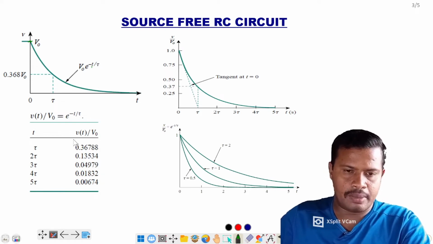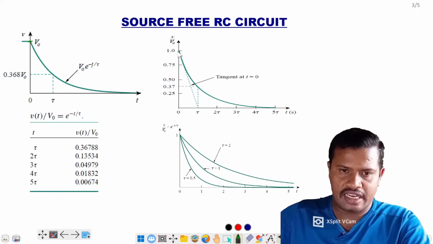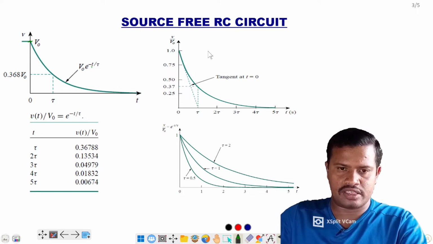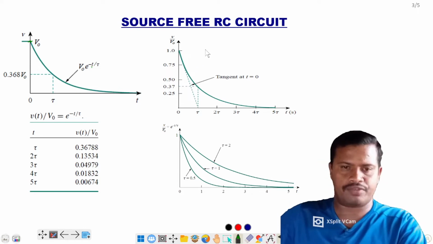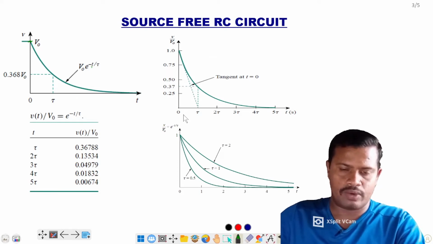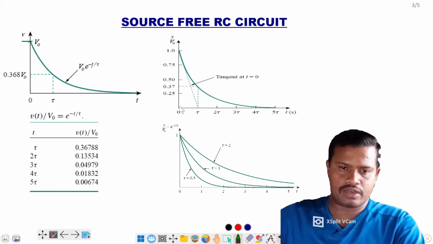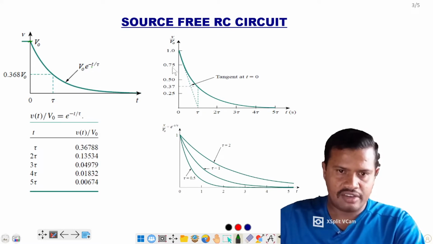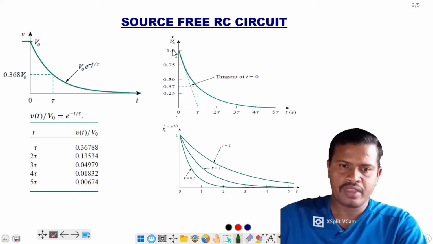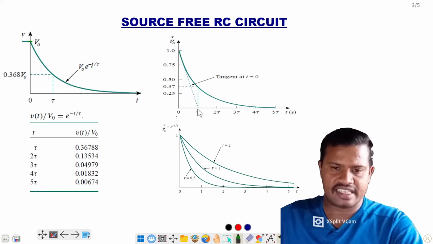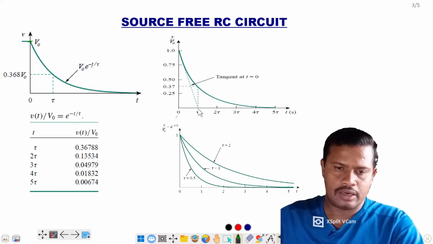Then we will plot the graph according to the values, and the graph will look like this. If we are using a CRO or any other graphing platform, or a physical graph, and we want to approximate the one time constant, what we need to do is draw a tangent at t equal to 0, and that tangent will approximately intersect the time axis at one time constant.